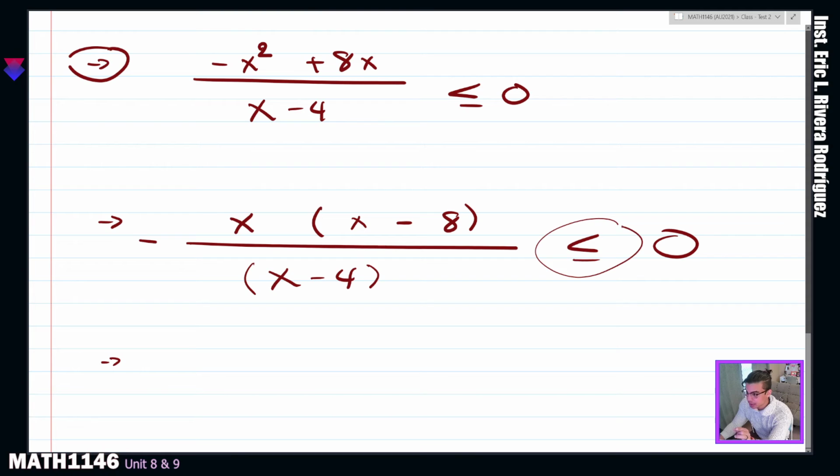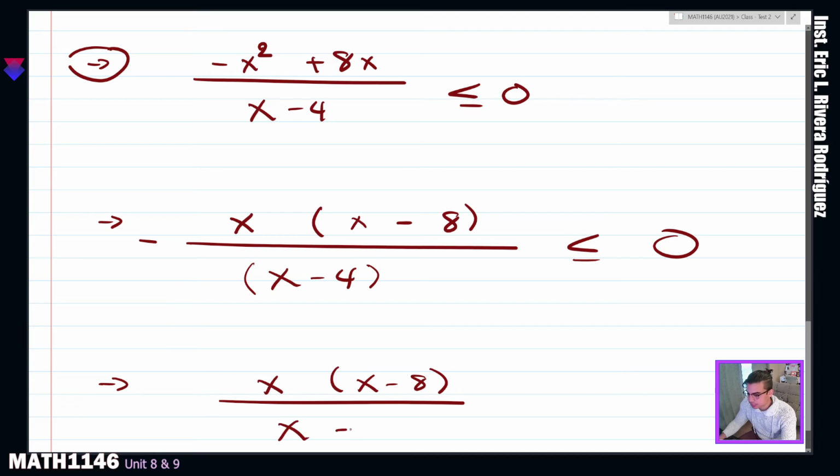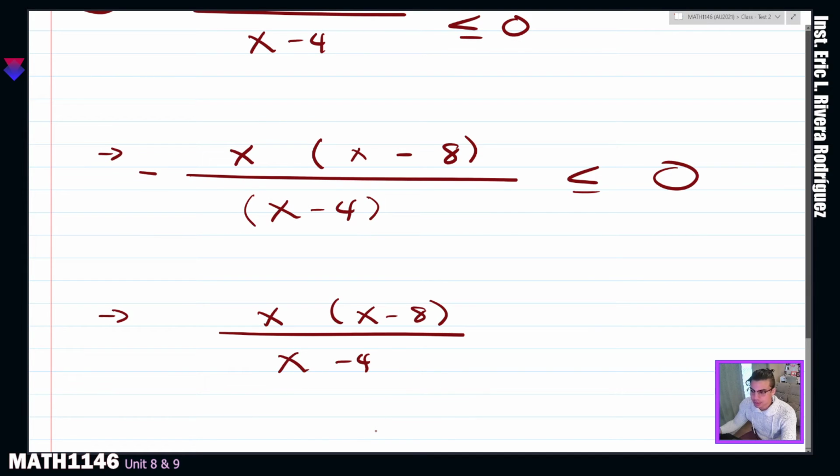But careful, we are working with an inequality. What happens when we multiply an inequality by -1? By a negative value. Let me be more explicit.